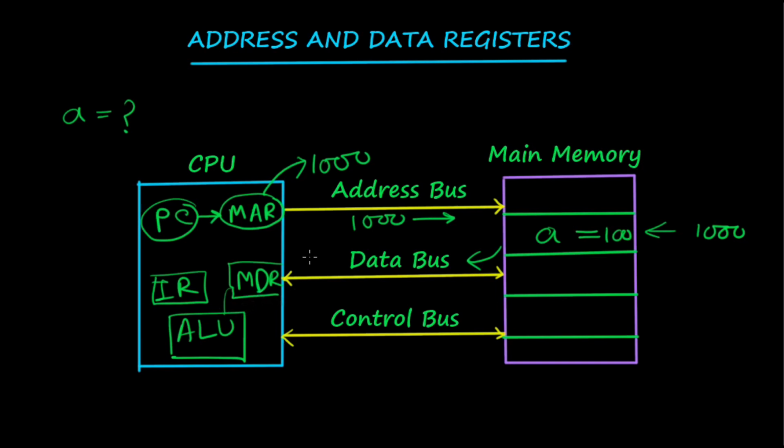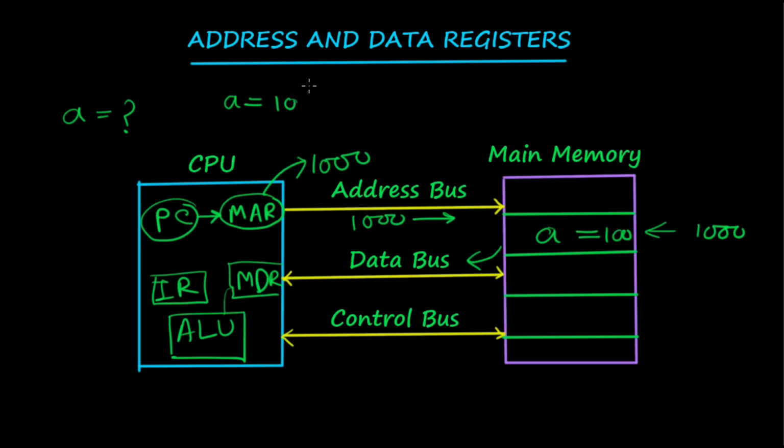Now if you want to write something, suppose in some location you want to save the value A equal to 10. So already I am having A equal to 100, so it must be changed, right? Suppose A equal to 10 is an output of ALU.